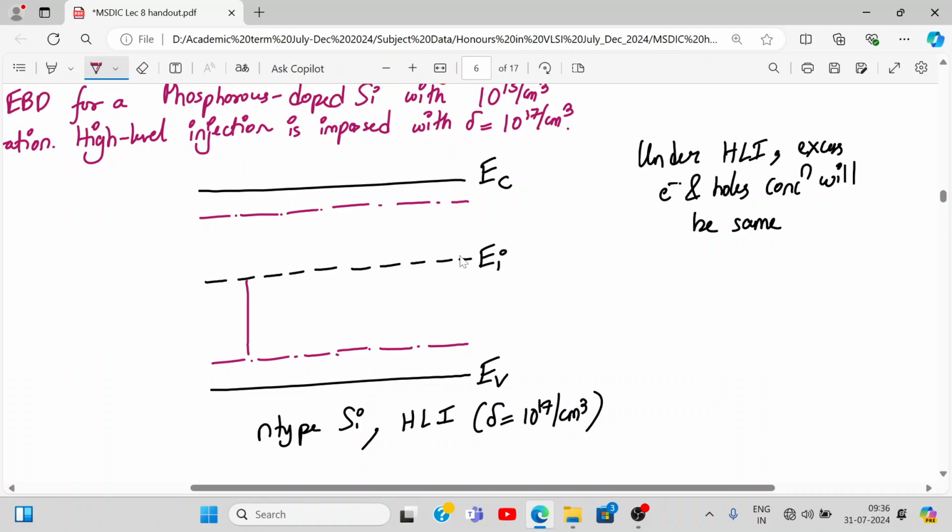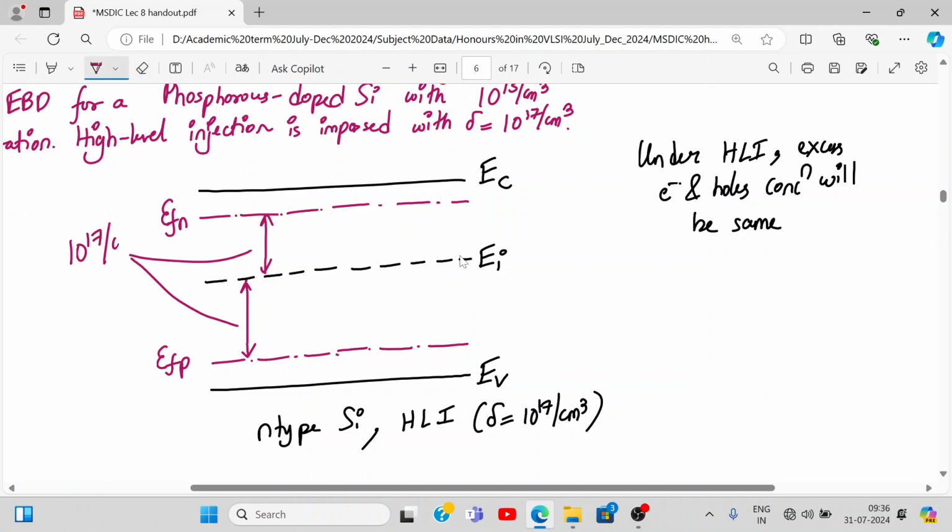So this distance and this distance is same. Are you getting it? EFN, EFP. Are you understanding? How much is it? Both are 10 raised to 17. Correct?